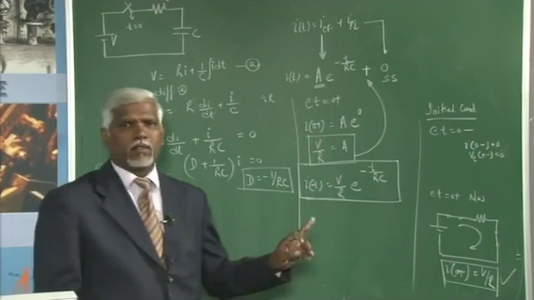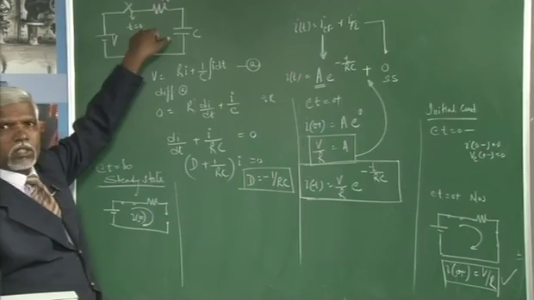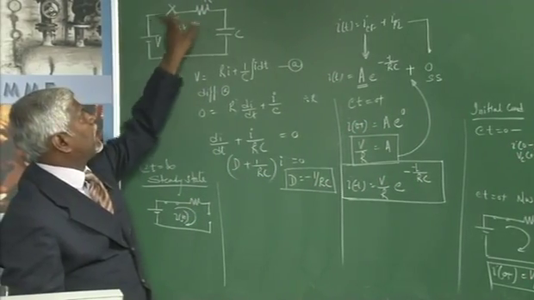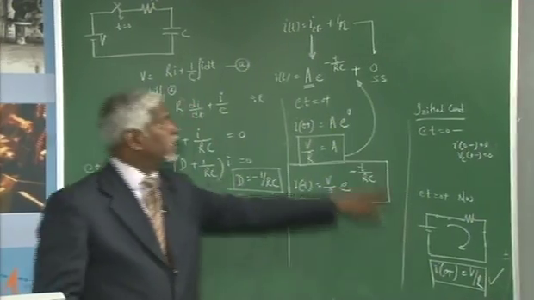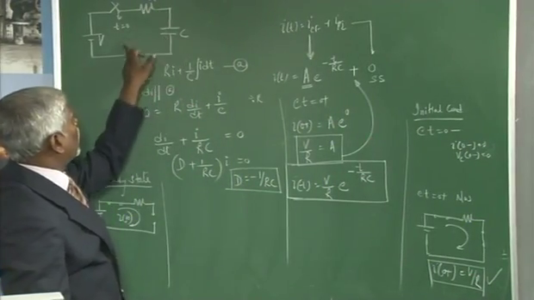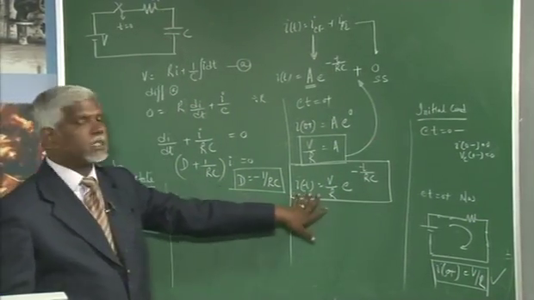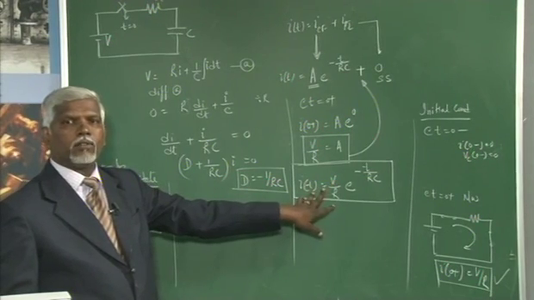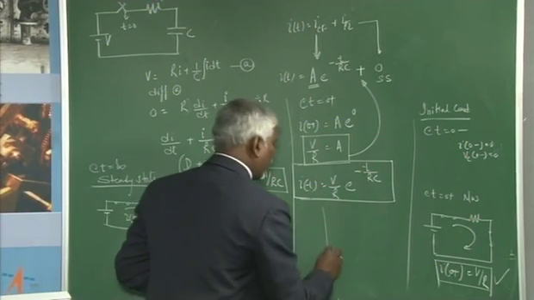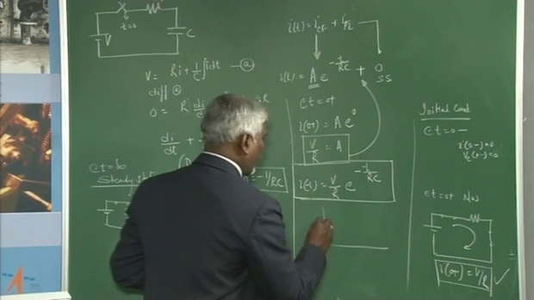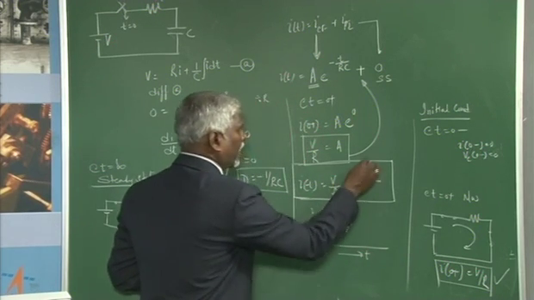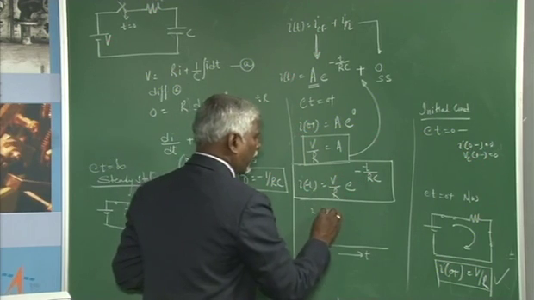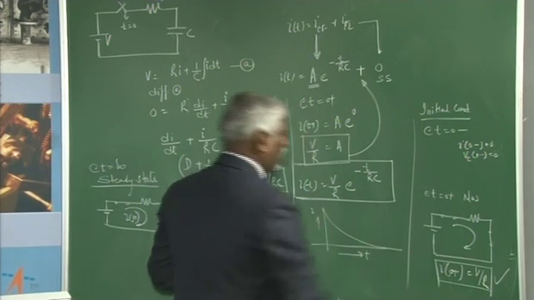We can easily understand this by looking at the circuit. Once the switch is closed, the current starts at V by R as given here, and then it dies down to 0 gradually. That is what your equation infers. If I just plot the expression for I of t, I with respect to time, it starts at V by R when t equal to 0 and gradually dies down to 0.